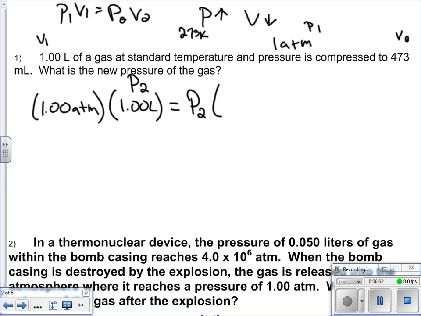And V2 says 473 milliliters, but we need to change that to liters because liters and milliliters won't cancel. So to do that, I need to move my decimal 3 times to the left. So I end up with 0.473 liters. All right, so now we plug this into our calculator. I want P2 by itself, so I'm going to divide each side by 0.473 liters, and it cancels there.